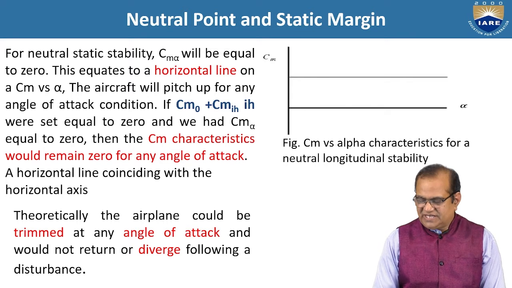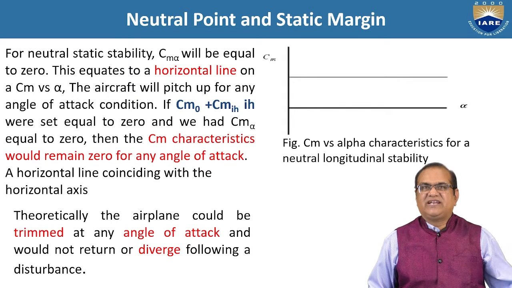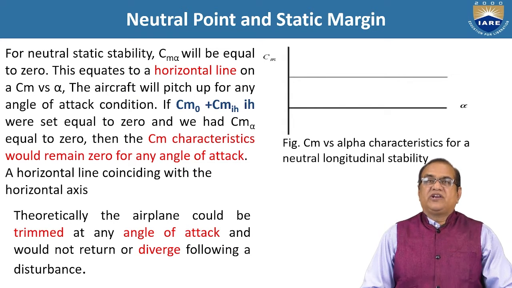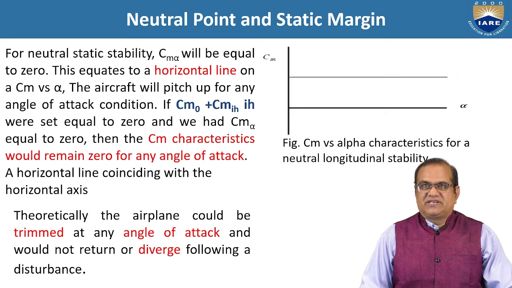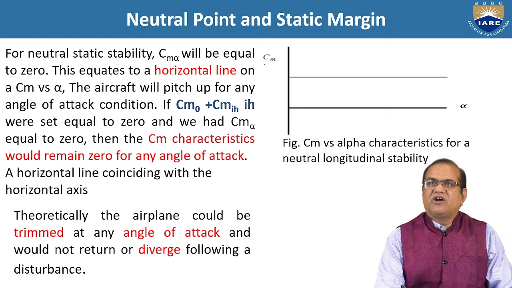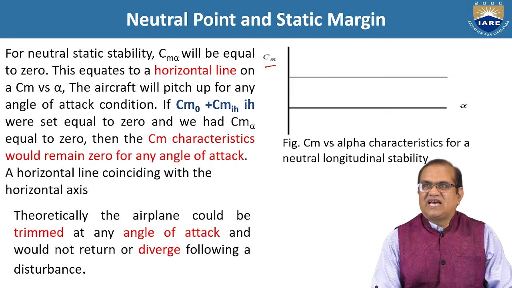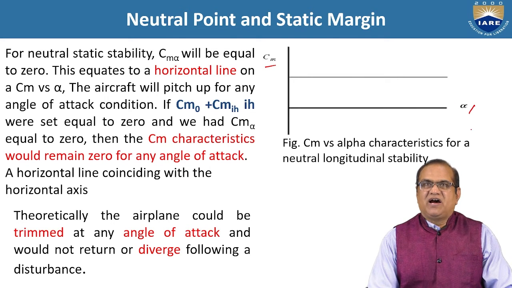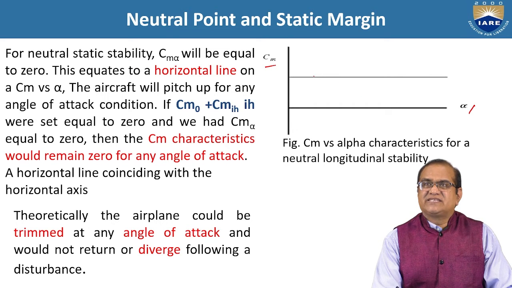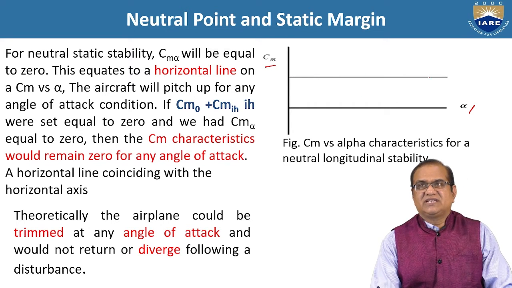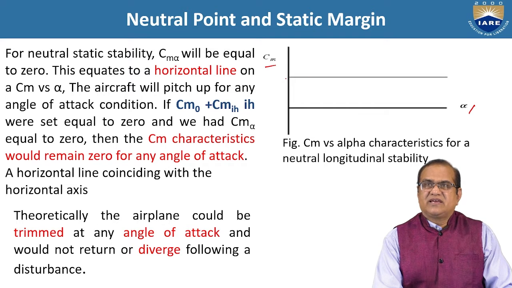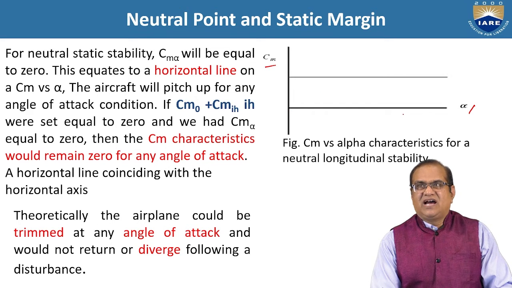It is very interesting to understand that for neutral static stability, if you see this plot of Cm versus alpha, this line is horizontal and parallel to the alpha line.